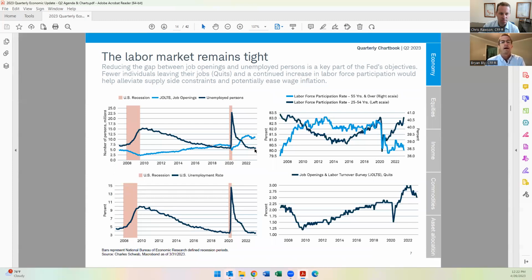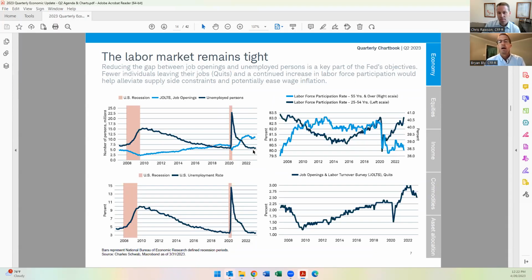So we still have about 1.8, even 1.7 jobs for every unemployed person in the US. Eventually, part of the Fed's objectives is to close that number a bit.